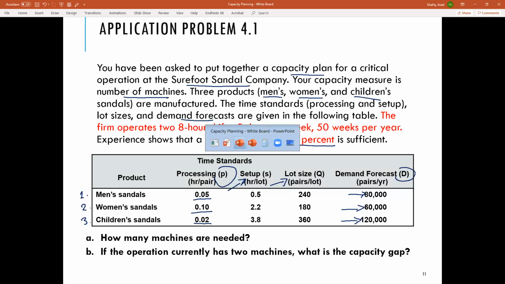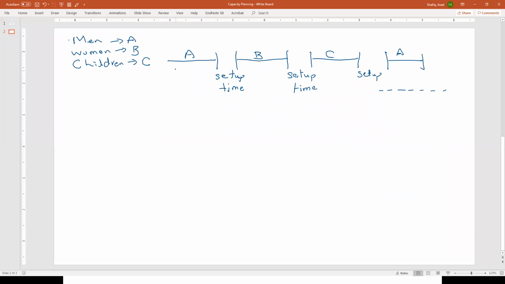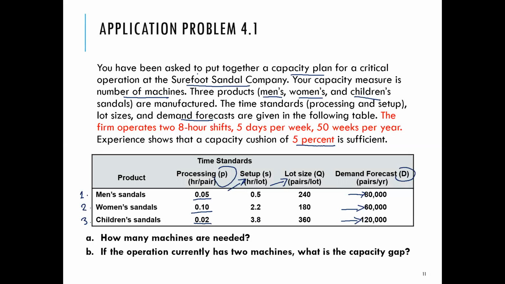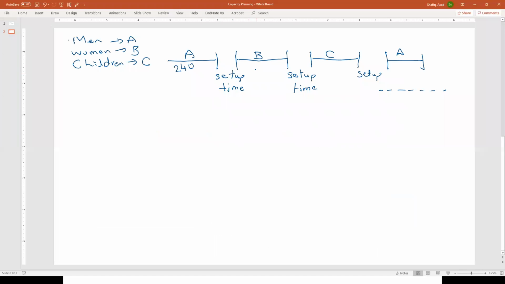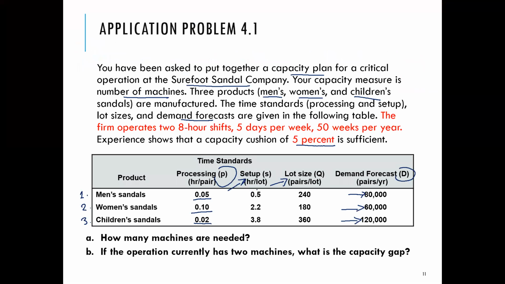So in other words, basically we make 240 of men's, 180 of women's sandals, and 360 of children's sandals. And this time that we lose in terms of setting the machine, so over here between A and B, we are setting up the machine for B. So here it says the setup time for B is 2.2 hours.